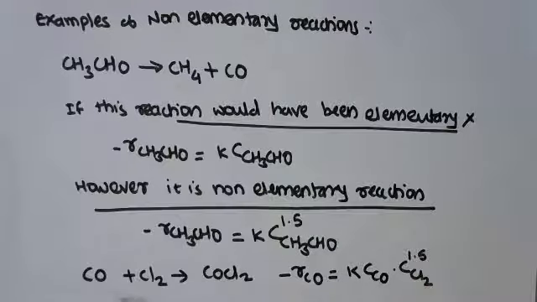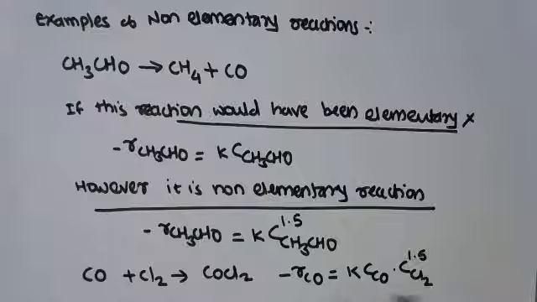So here, if this were an elementary reaction, the molecularity is 1 plus 1, 2, so the order should also have been 2, because order is equal to molecularity in case of elementary reaction.